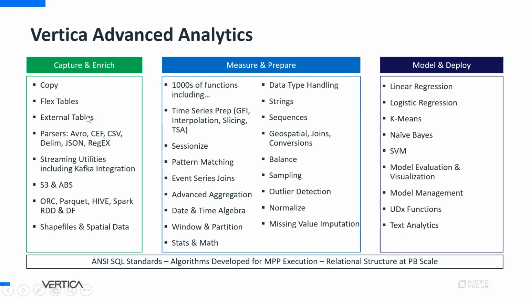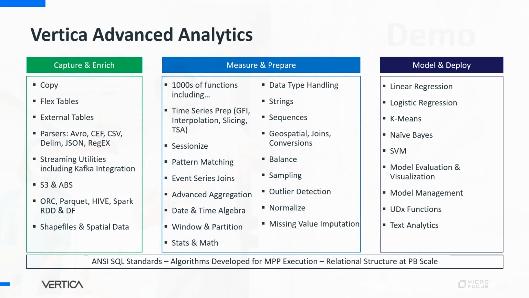So what I'm trying to summarize here is that we have the capability to read from different sources. We can take that data, understand it, and prepare it very well in Vertica because of the inbuilt functions, and then we can create models and deploy them within Vertica. All together, this completes the predictive analytics capability in Vertica.